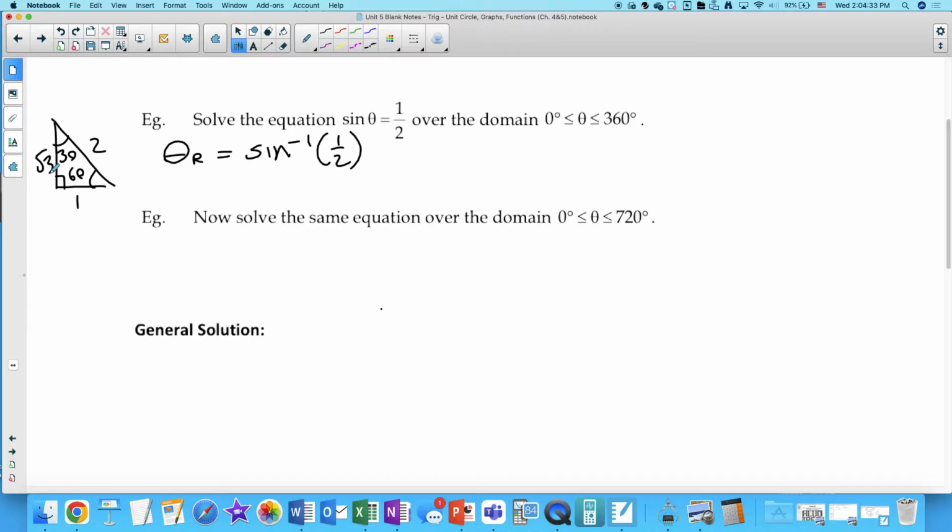Sorry, do you have to use the sine inverse, or could you show that? No, you can just say theta equals 30 degrees, right? But the reference angle, yeah, you do not need to show this step, okay?